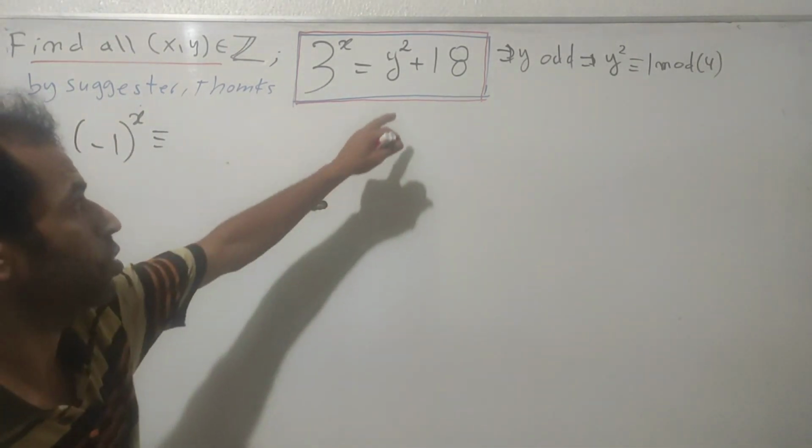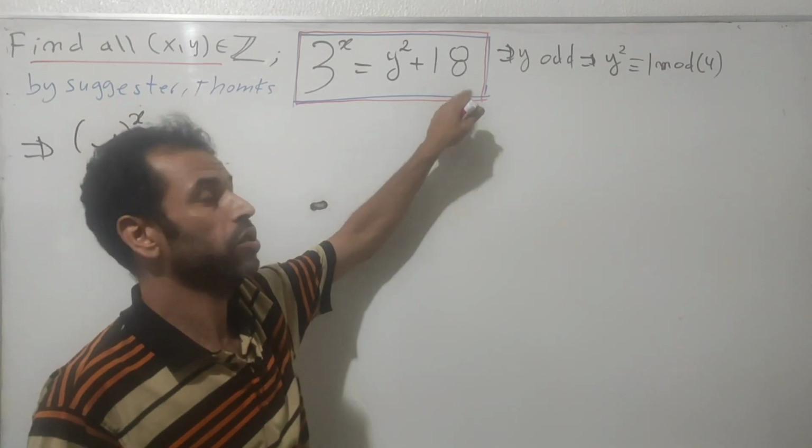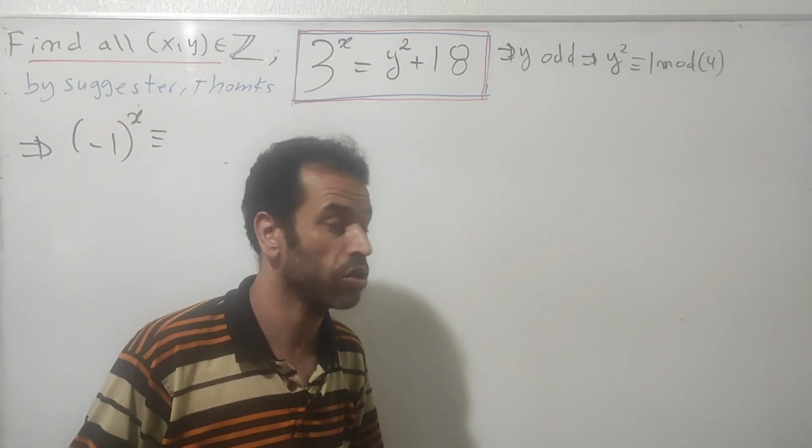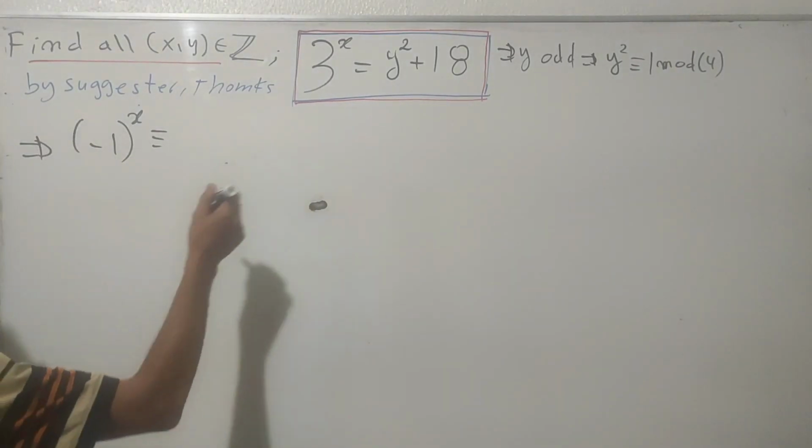If you reduce the 18, 18 is the same as 16 plus 2. 16 is 0, so I get 2 plus 1, which is 3.